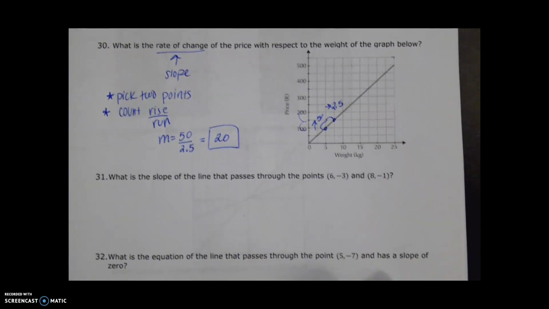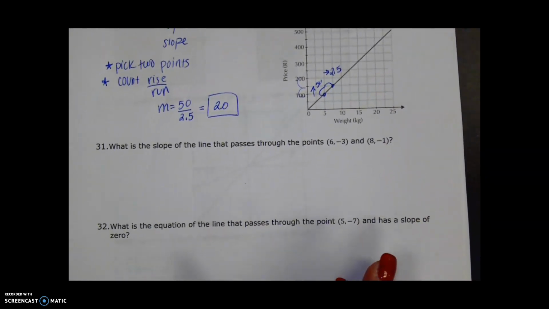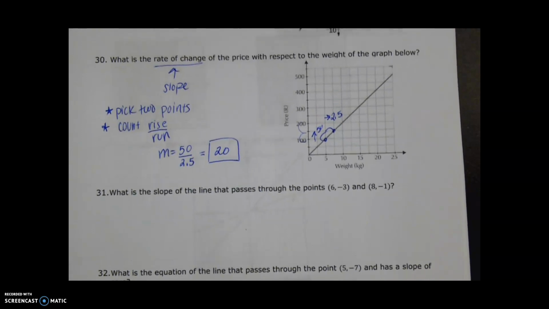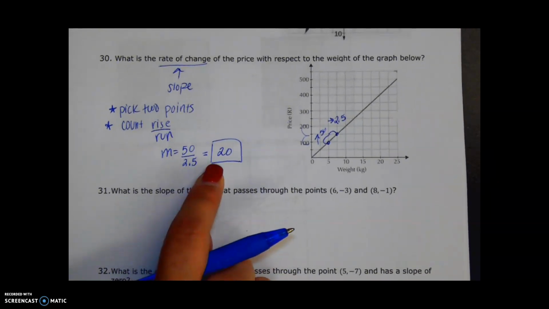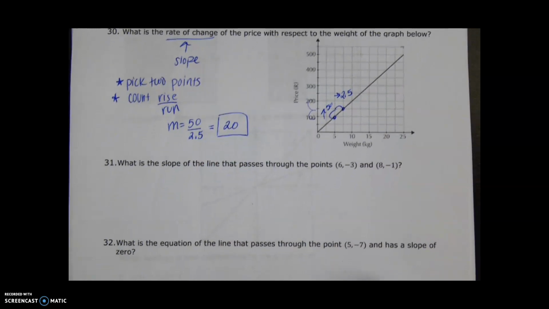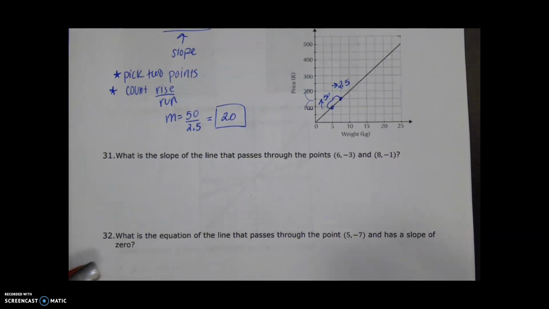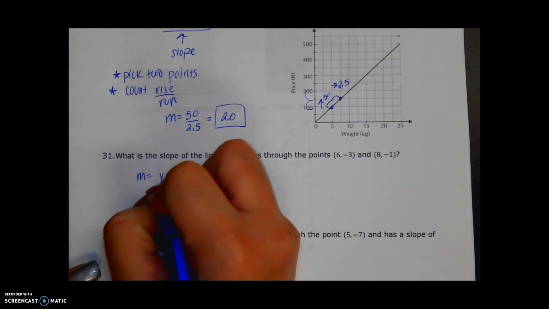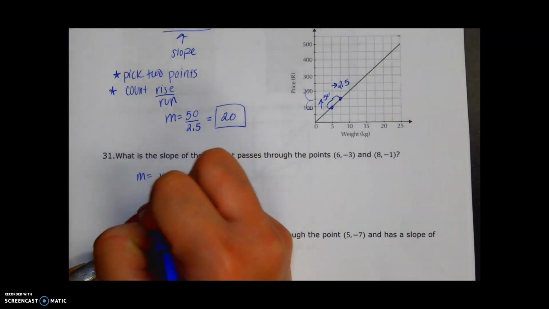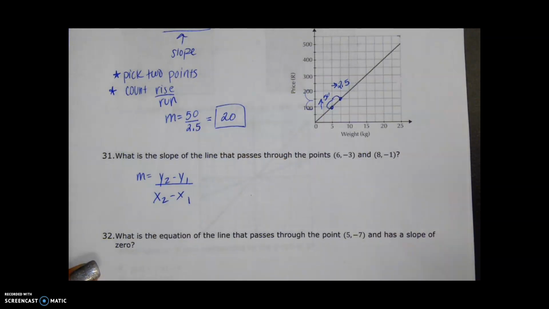All right. So what is the slope of the line? Oh, and by the way, if you're looking at Miss Miles' key, she does the y2 minus y1 over x2 minus x1. If you prefer that way, you can do it that way too. Okay. What is the slope of the line that passes through these points? Well, we have a formula for that. That's y2 minus y1 over x2 minus x1.